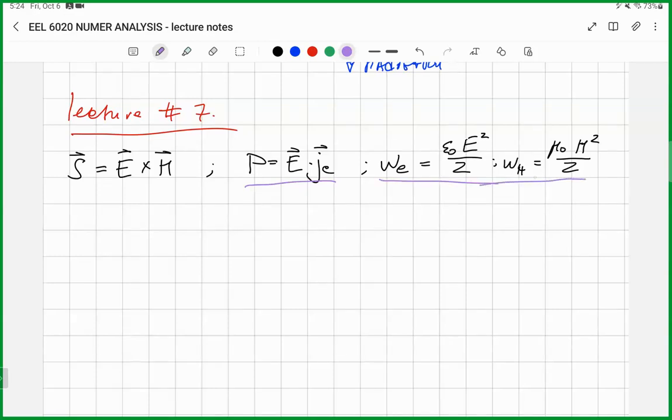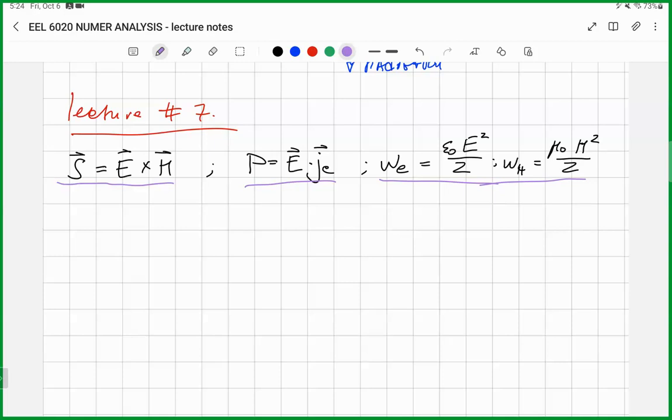These formulas describe the energy density in a system. The Poynting vector describes the energy flux, energy flow from point to point, in the form of electromagnetic field.